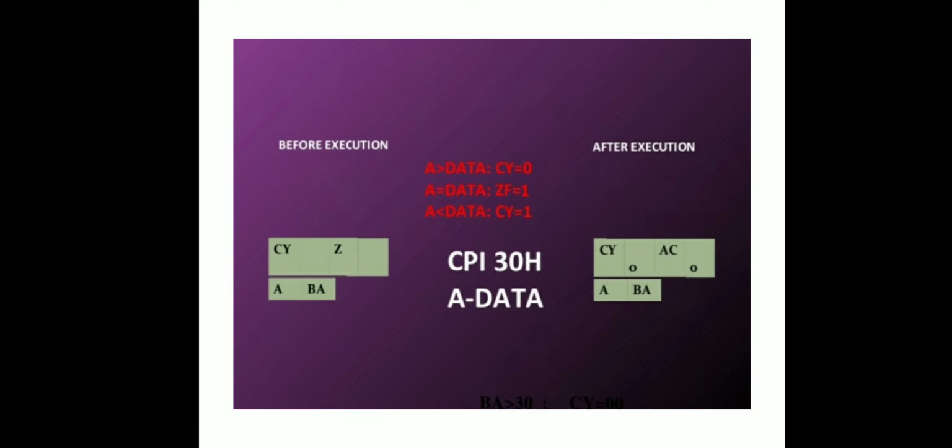For example, compare with 30H data. Here, the data is compared with the content of the accumulator, and after execution of this instruction, only the carry flag and auxiliary carry are changed according to the execution of this instruction.